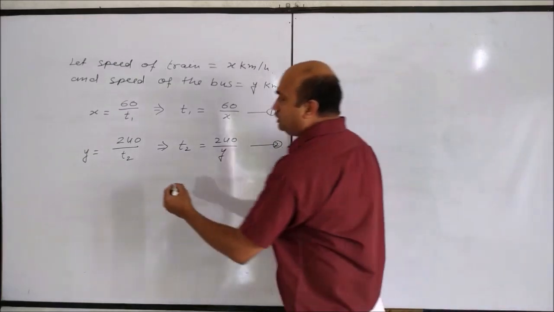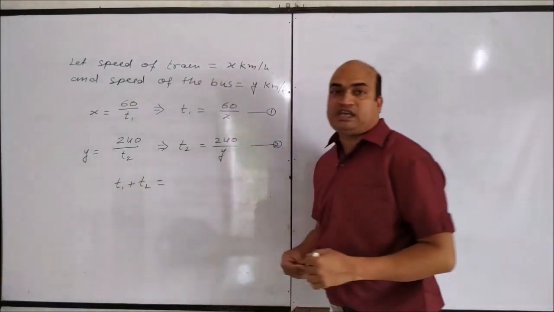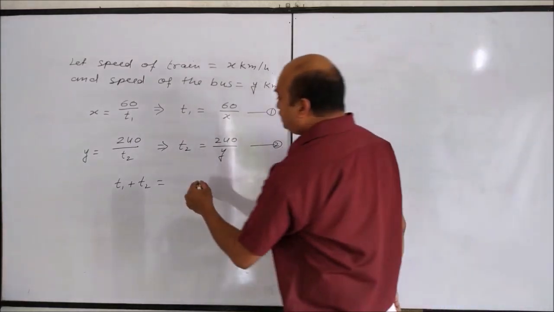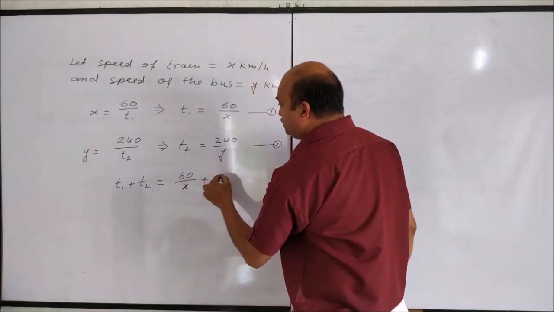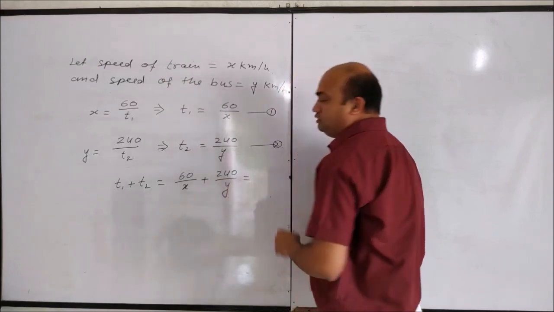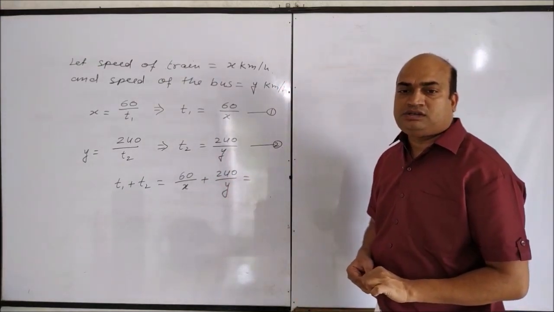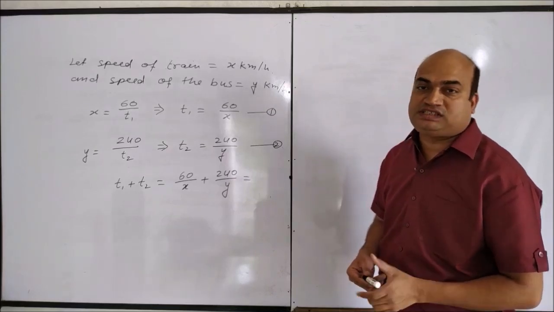Now you see T1 plus T2. This is the total time she required during the journey. T1 is 60 by x and T2 is 240 by y. And it is given that she required 4 hours for this journey.